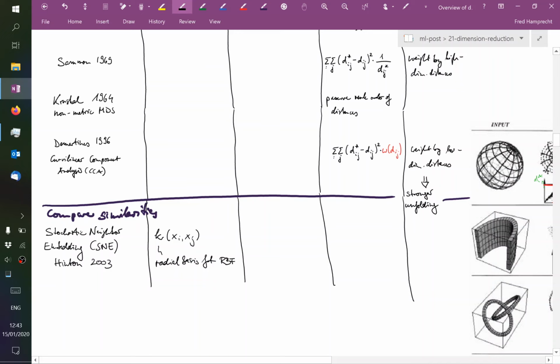Now, a radial basis function looks like a Gaussian, but it's not normalized, and it usually does not have a probabilistic connotation.